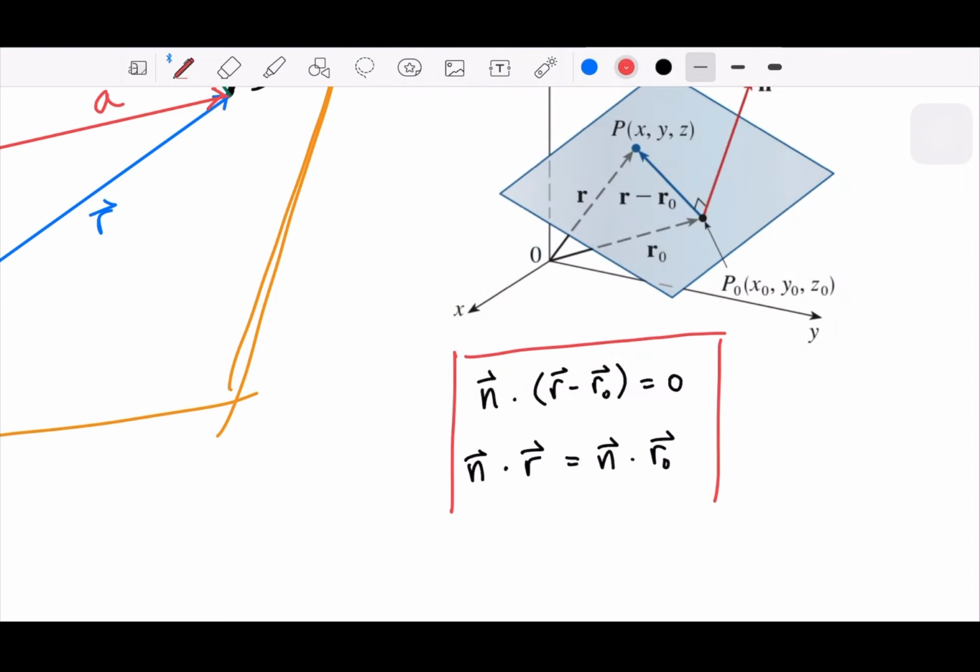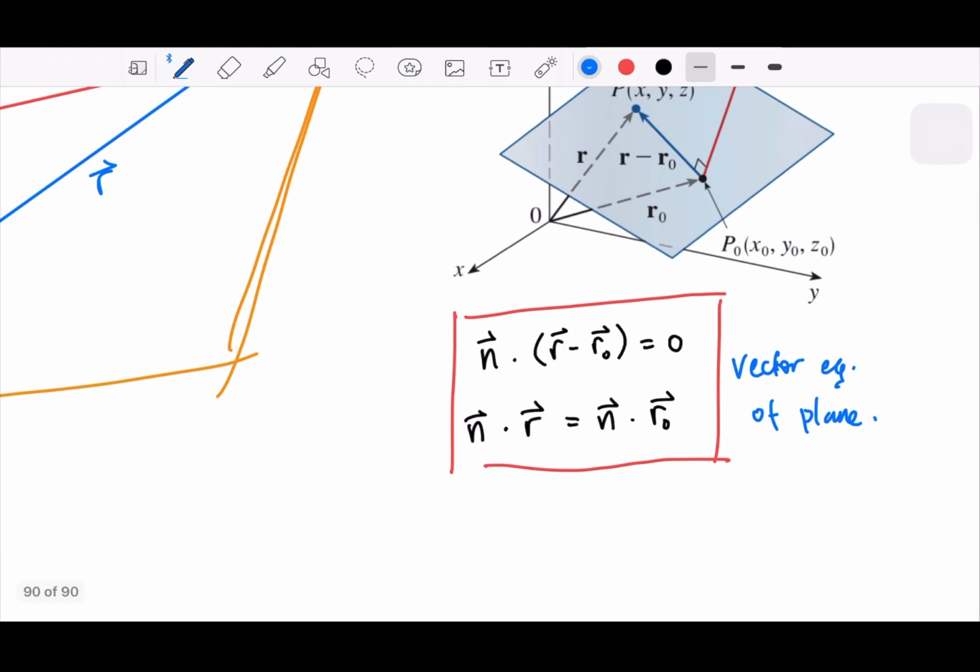Now both of these equations we call the vector equations of plane. So we start from these two particular equations, or from the fact that in the dot product, when you have perpendicular or orthogonal, you will have the cosine to be 90 degree.